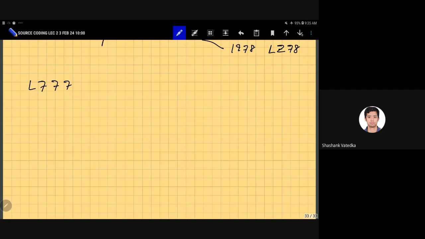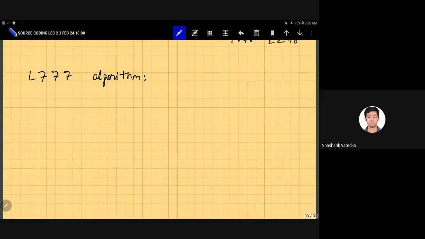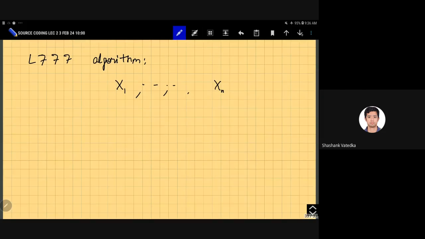In the LZ77 algorithm, the way you partition into phrases is the following. You start from the first symbol x1 and keep going all the way to xn, dividing into phrases. The algorithm works in an inductive manner.